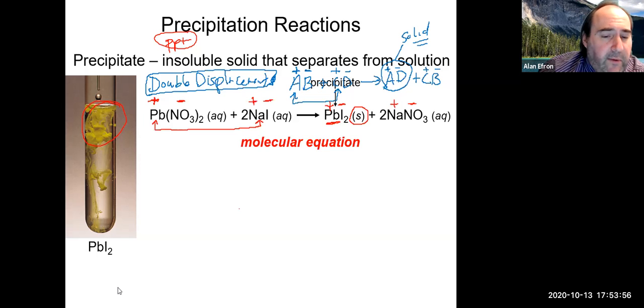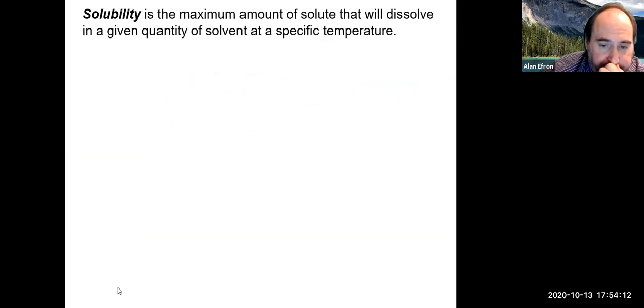So when we mix two solutions together, we have a bunch of positive and negative ions floating around, and in certain cases some positive and negative guys will come together and come out of solution as this solid, which is known as a precipitate.